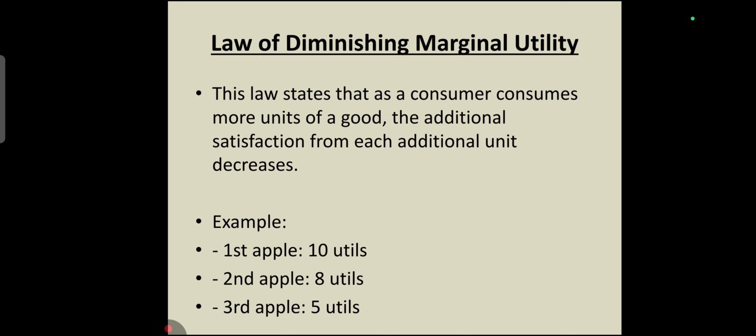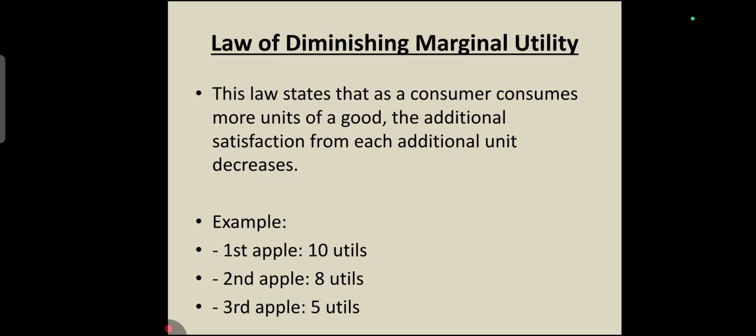Marginal utility simply means whatever additional satisfaction that we are getting from the consumption of every additional product. And this marginal utility gives you the concept of the law of diminishing marginal utility, which states that as we consume more of a commodity, we are getting less satisfaction from every additional unit.